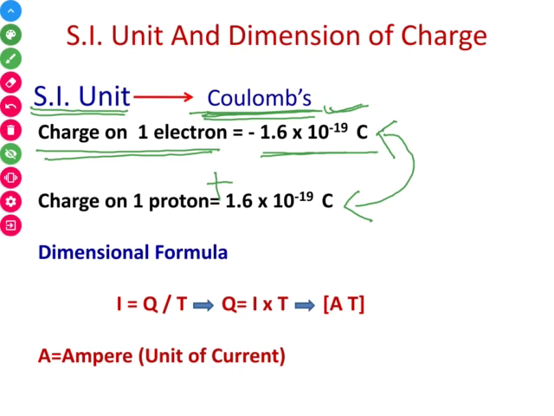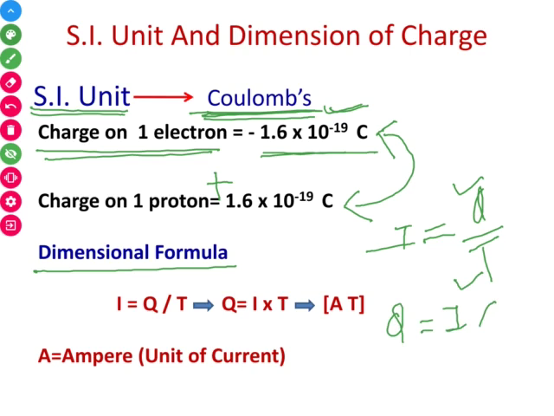And then comes the dimensional formula. We all know that the current in any conductor is given by charge upon time, I equal to q upon t, where q is the charge and t is the time. From here we can write q is equal to I into t, and the fundamental unit of I is ampere and time is t.